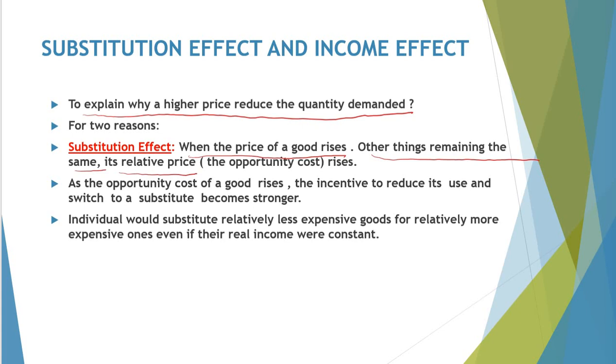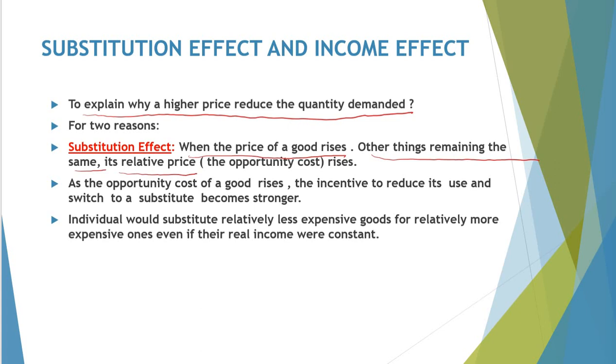Nasi putih, ada sayur sikit, ada kuah sikit sebab harga dia RM2. Macam hari ni harga nasi ayam RM2, awak beli lagi, besok harga nasi ayam RM10. Tak mampulah beli nasi ayam harga RM10 kan. Jadi awak akan substitutekan dia kepada barang yang lebih murah. Nasi kosong dengan sayur dan campur. Okay, itu something like that.